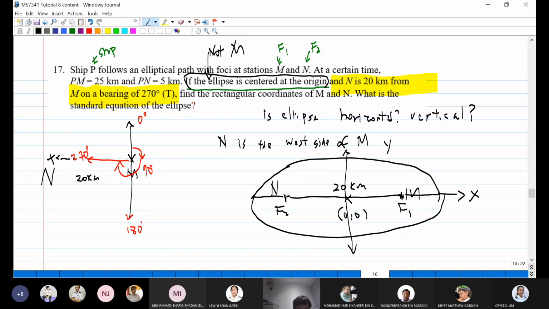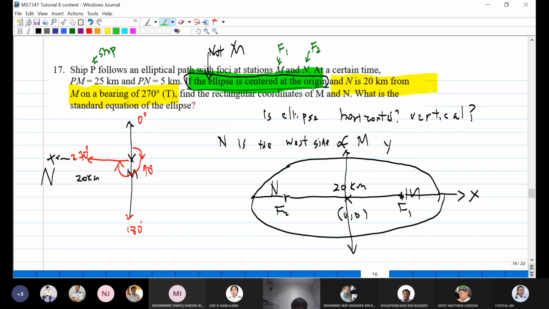Okay, so what is this trying to do? Trying to figure out what M and N are, the center, how these things are positioned. The yellow one I highlighted is trying to tell you this information. The center is at the origin, the center of the ellipse is the origin here, not M. M is not there.